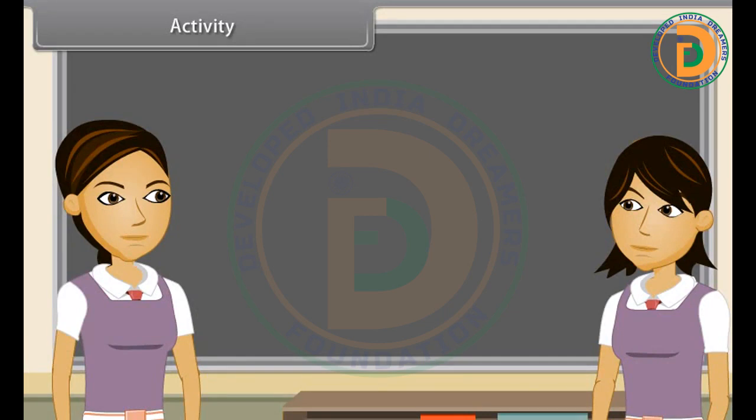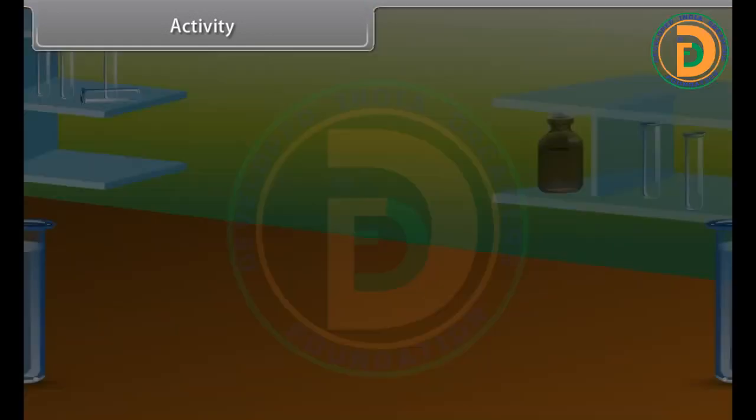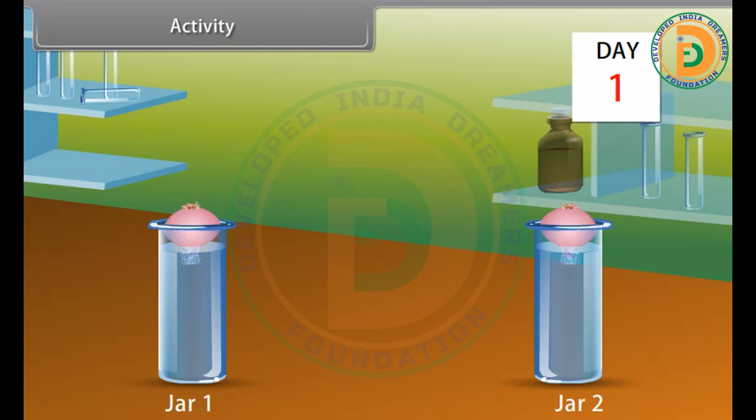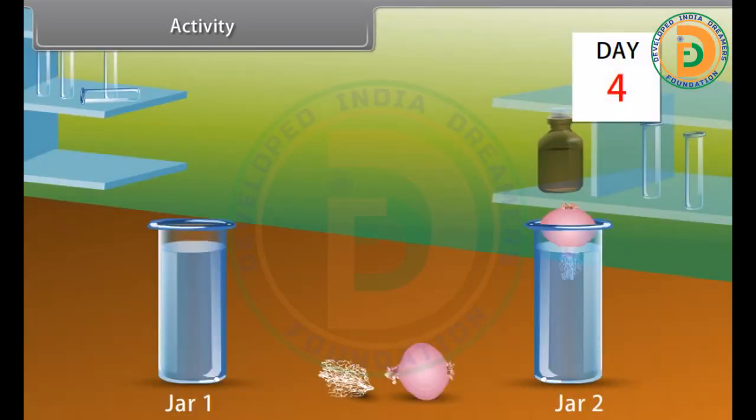Activity. We can prove where meristematic tissues are found by doing an activity. I will take a glass jar and Ankita, you will also take a similar glass jar filled with water. Then we will place a same-sized onion bulb on each jar for 3 days to observe the growth of roots. Yes, we will measure the length of roots on day 1, 2 and 3. Then on the 4th day, you will have to cut the roots of the onion bulb.